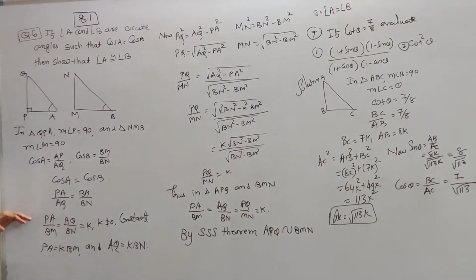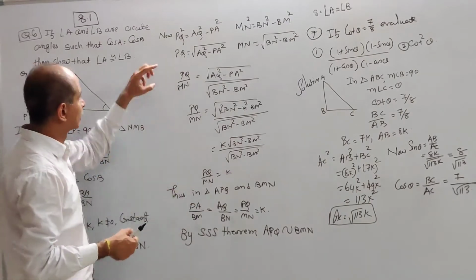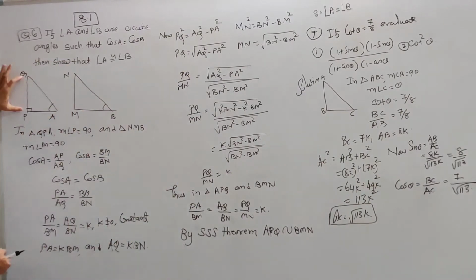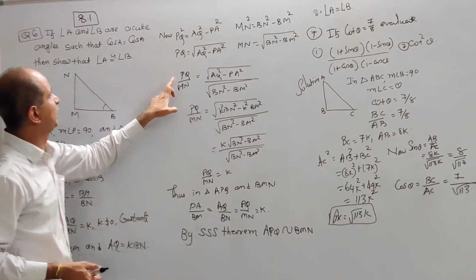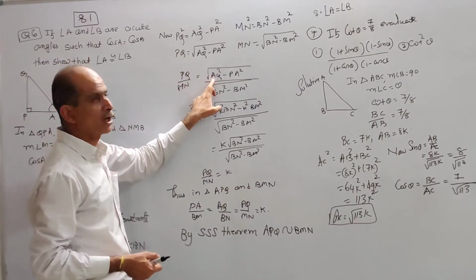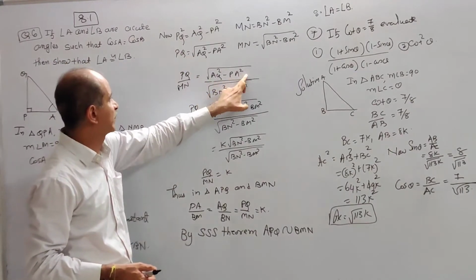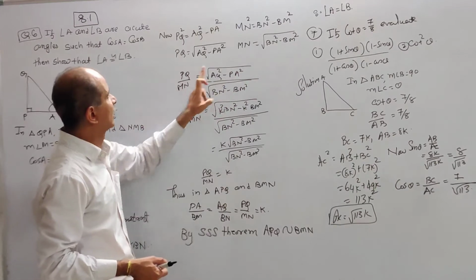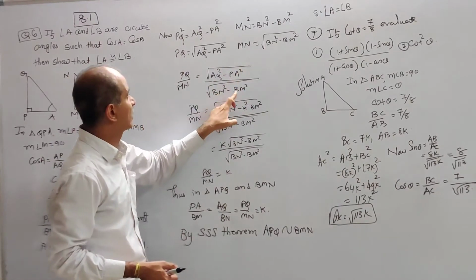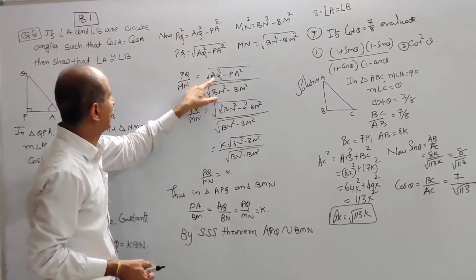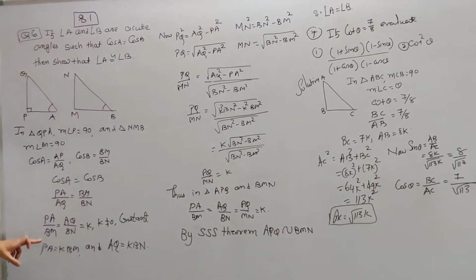Now already 2 ratios are given to you, that is PA upon BM is equal to AQ upon BN. Now you find out the third ratio. The third ratio is PQ upon MN. So PQ upon MN is equal to under root AQ square minus PA square upon under root BN square minus BM square. Now put the value of AQ. You know AQ is equal to K BN.